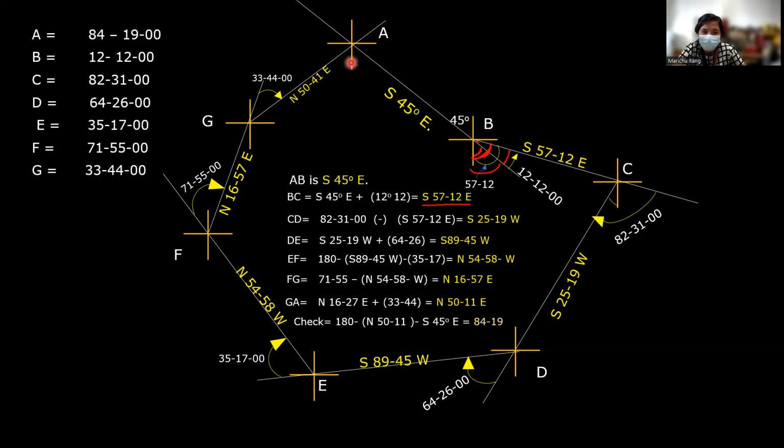So if this is equivalent to 50, 41, and this is 45, then we subtract it by 180. So the remaining would be the deflection angle here. So that is equivalent to 84 degrees and 19 minutes. Okay, so if you return to the correct value, then you got the correct solution.